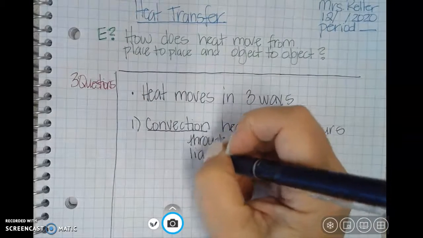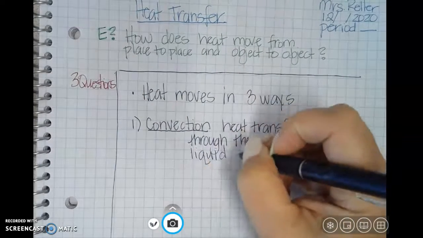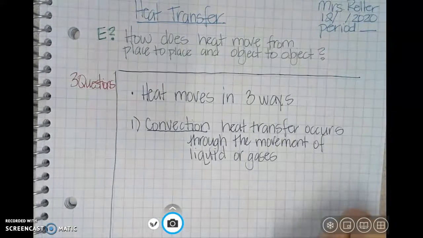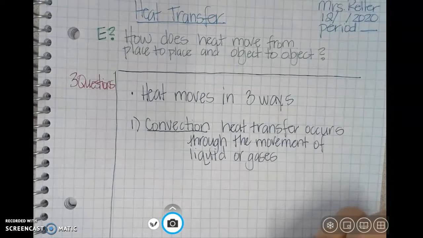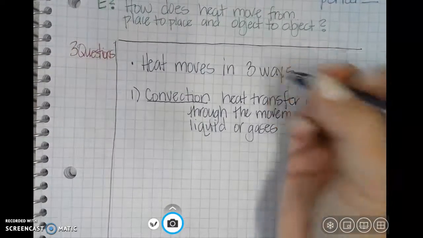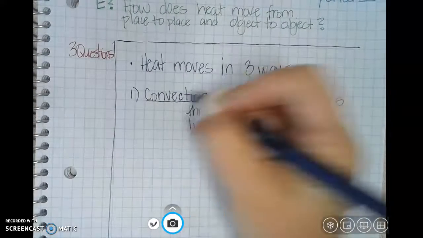I'm just going to put liquid because you guys know what that is. Or gases. And gases could be like air. And we're going to talk about what states of matter can actually have heat transfer through convection.